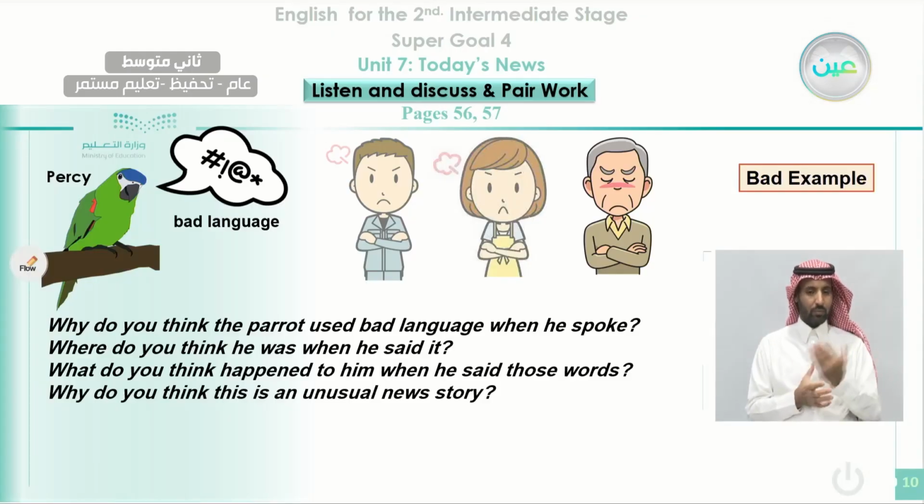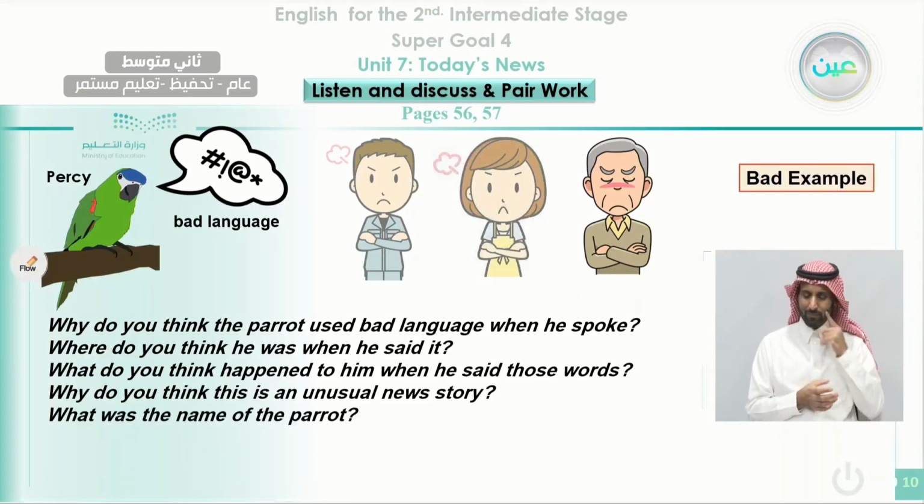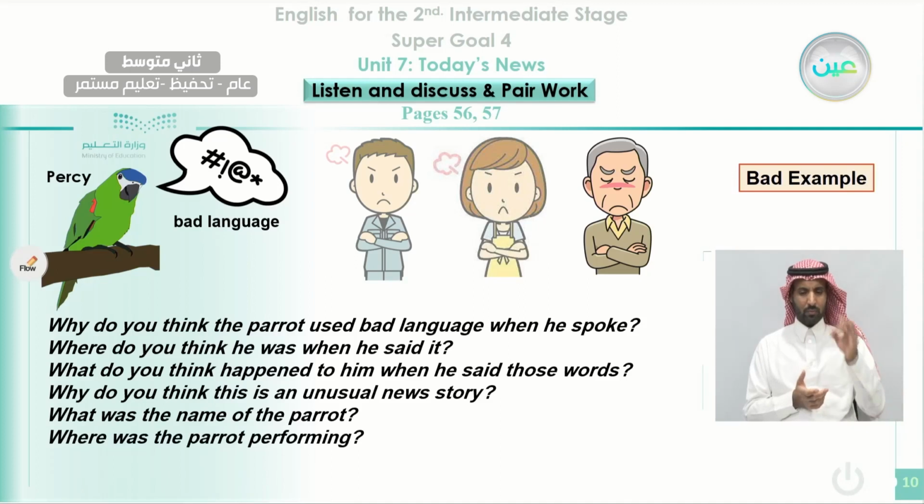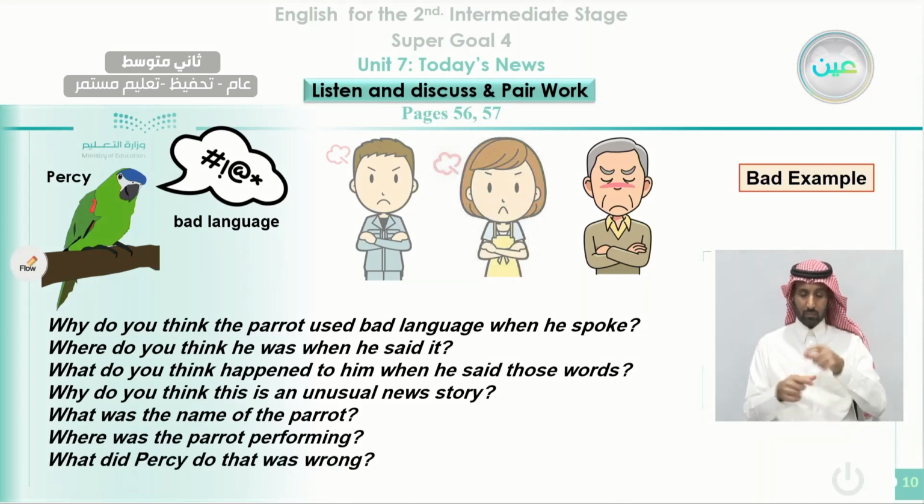Why do you think this is an unusual news story? Also, what was the name of the parrot? It's mentioned here. The name of the parrot is Percy, as you can see on the screen. Where was the parrot performing the shriek, or the sound that he makes? What did Percy do that was wrong? What are the bad words that Percy said?